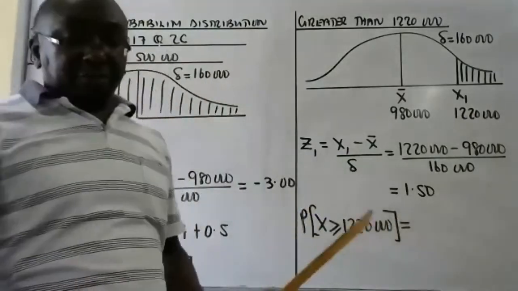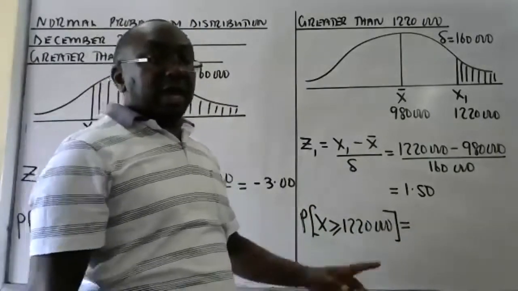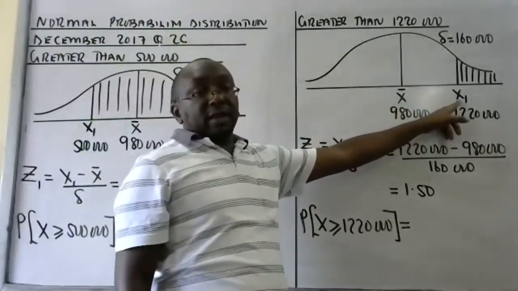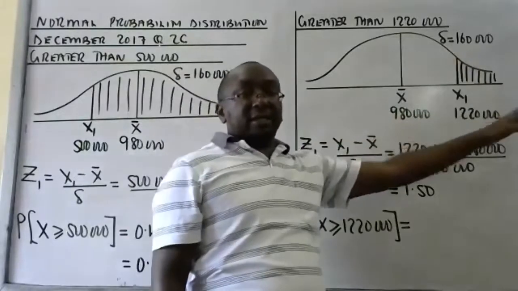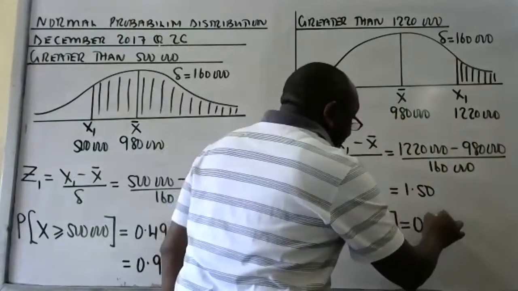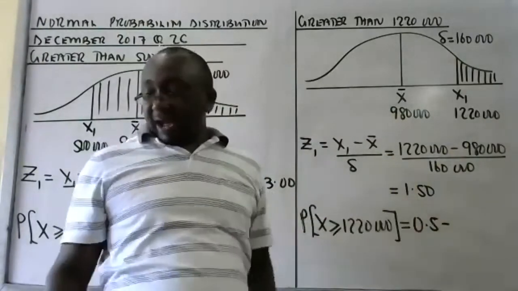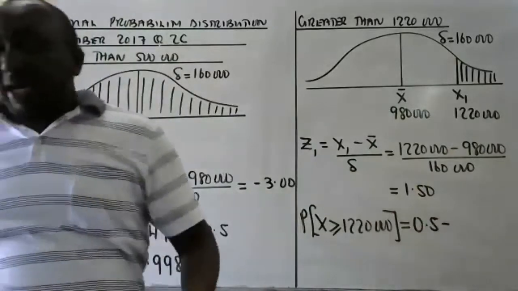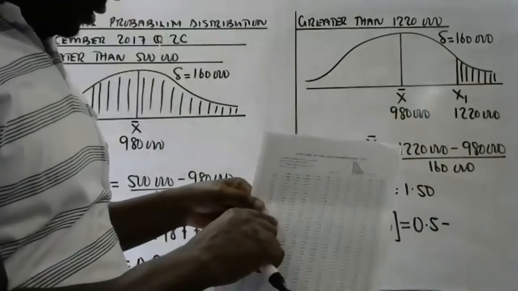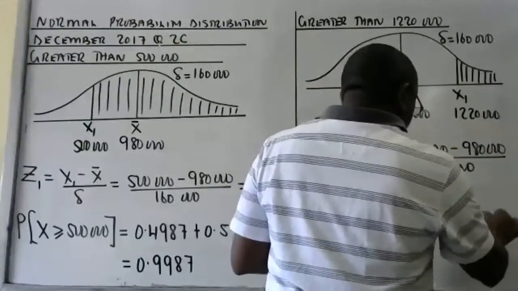So as I have been saying, when you read from the tables, what you are going to get is the probability from X bar to X1. But because we want the upper side, what we will need to do is to say 0.5 minus what we shall read based on this 1.5. So we once again go to the table where we have 1.50 and get 0.4332.